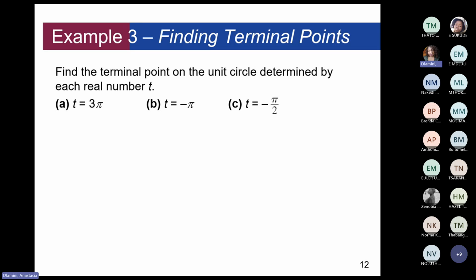Find the terminal point on the unit circle determined by each real number t. Can we try discussing that before I come with things that are not part of the slides? Can we discuss this part?